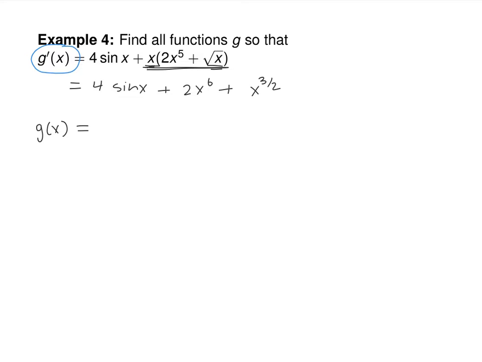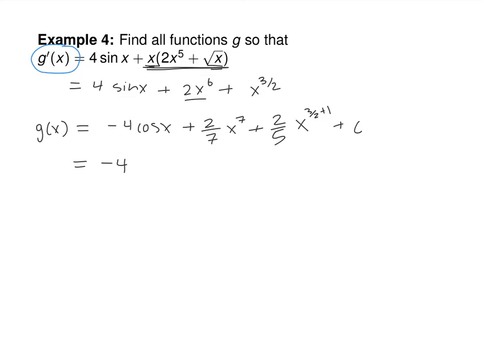Yep. Okay, so what's the antiderivative of 4 sine x? Negative 4 cosine x. How about the antiderivative of 2x to the 6th? 2 over 7 x to the 7. And then x to the 3 halves, well, what's 3 halves plus 1? 5 halves, so the coefficient there is 2/5.